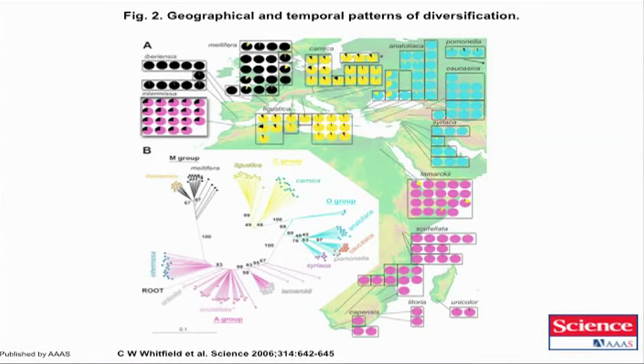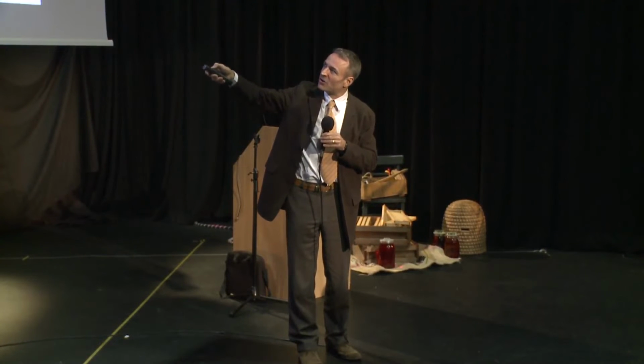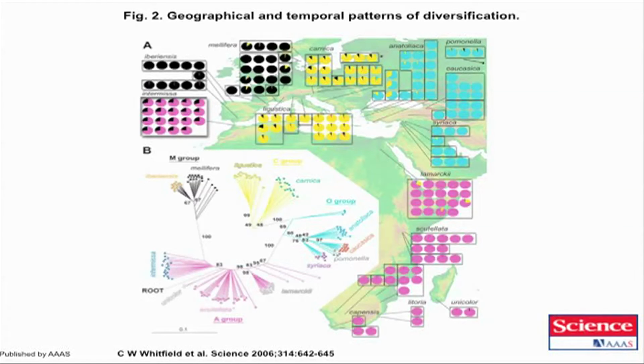Spain and Northern Europe has these black ones, all relatively similar. The yellow ones are in Italy, and the blue ones, on the east coast, what we call Carnica. And over in the east, in Turkey, are the blue ones. Actually, 4 lineages, not 3. Already there's a hint: quite a lot of diversity in Asia. And this is a tree based upon these data, suggesting, and you might say this is rather arcane, that the root of the tree, where it originated, is somewhere within the pink ones in Africa. So that's a very influential paper from 2006, suggesting out of Africa, like humans.